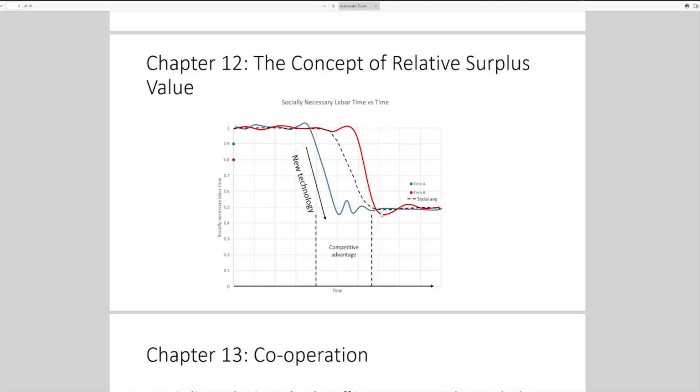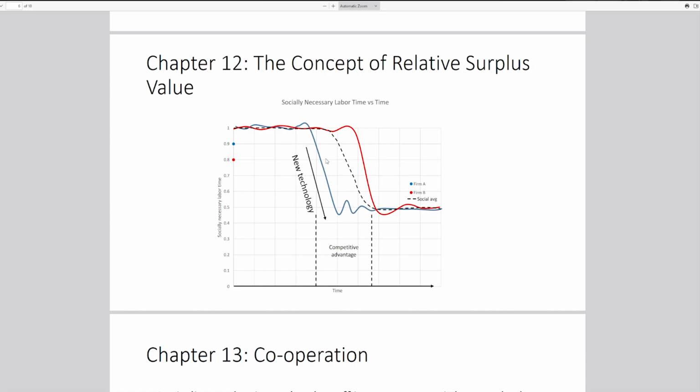And then the socially necessary labor time will just equilibrate back to a new social average of 30 minutes. Because remember, if the average in this hypothetical is just between these two companies, then whatever the average is between them is the social average. And so it started as an hour, some new technology came along, and it drops to half an hour.